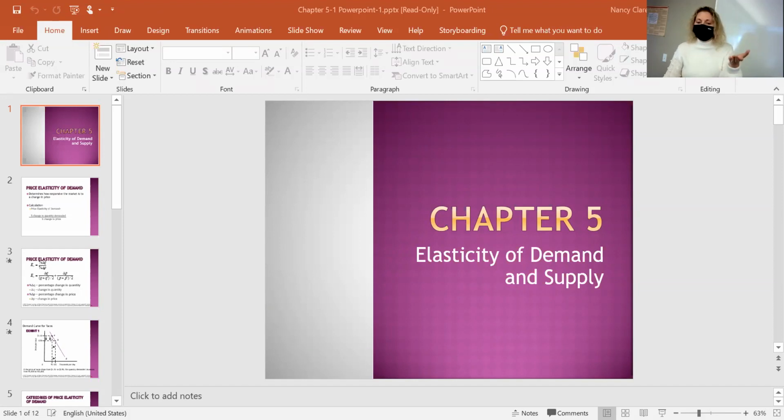Because if you think about the equation where you're plugging in the two quantities and the two prices and coming up with the average and taking the absolute value, by the time you plug these numbers in, it would be the exact same elasticity if we were going from 90 cents to $1.10 than it would from $1.10 to 90 cents. So we're measuring how responsive consumers are to a change in price along that range of the demand curve, okay?